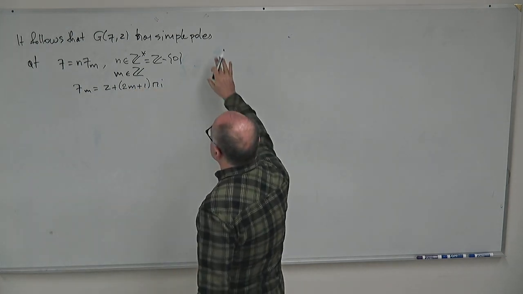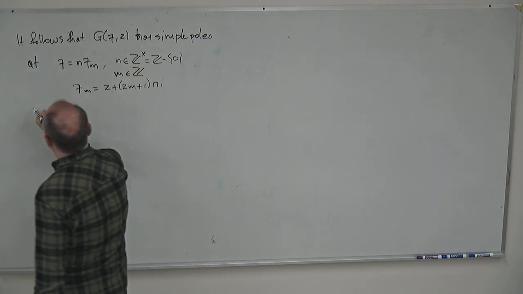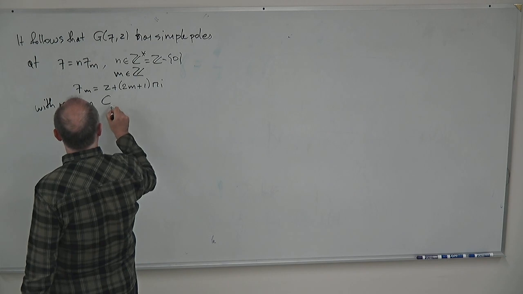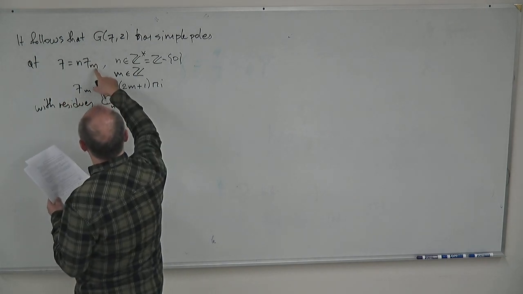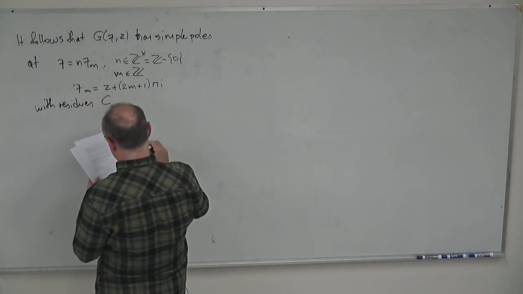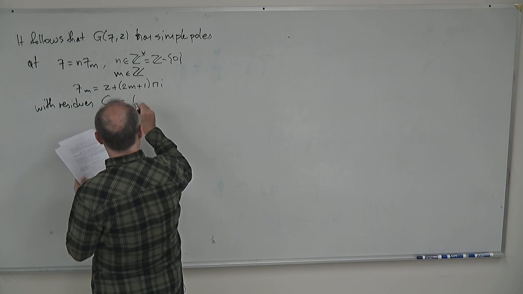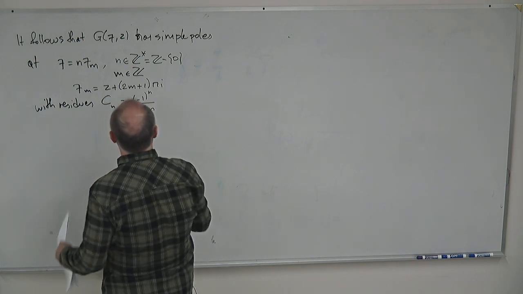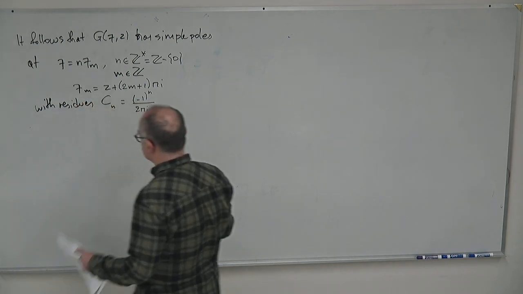These are simple poles with residues C_n, which only depend on n but not on m, and the residue is minus 1 to the n over 2 pi i n.